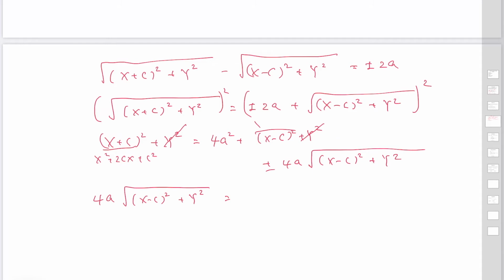This part is x squared minus 2cx plus c squared. x squared and c squared are going to be cancelled out. So we have 4cx. So it's going to be 4cx minus 4a squared. Then 4 is going to be cancelled out on both sides.